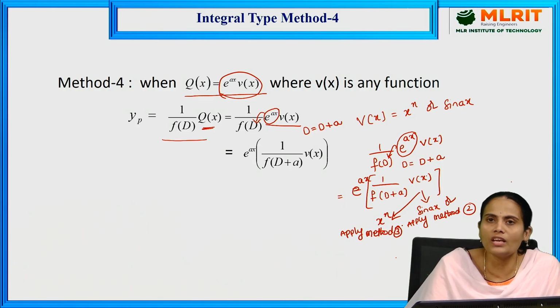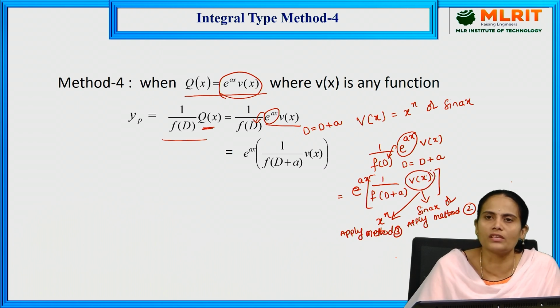So again we are using either method 2 or method 3, depending on the given function V of x. So this is the Yp when Q of x is equal to e power ax into V of x.